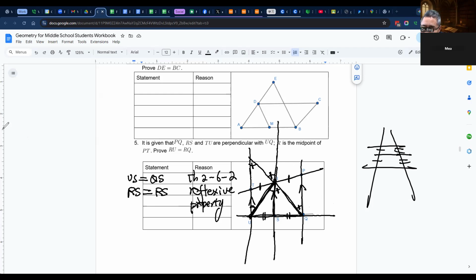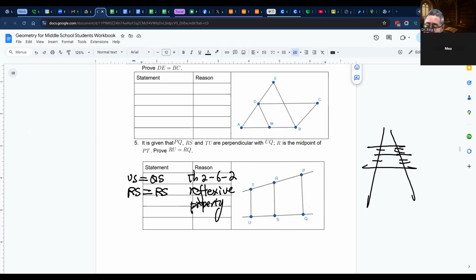Okay, let me think about this one. What else? So we have to prove this congruent to that. We know this is congruent to that, and this is congruent to that.